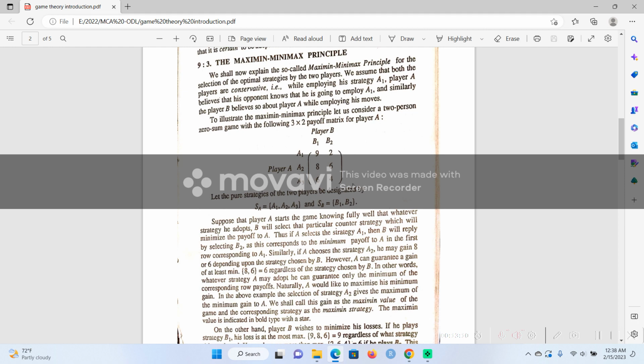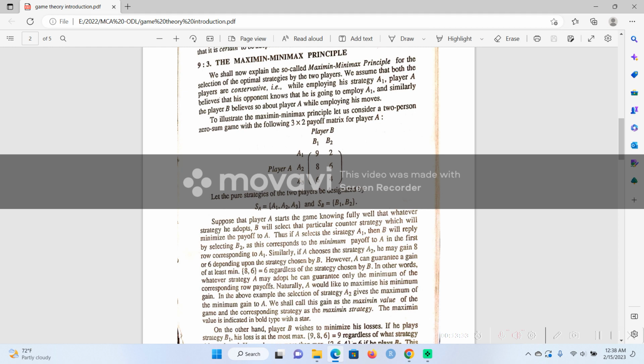So likewise we have this minimum and maximum. Previously I told you, for a row we consider the minimum, and for a column we consider the maximum. These are all the minima, and among them player A has to select the maximum value.